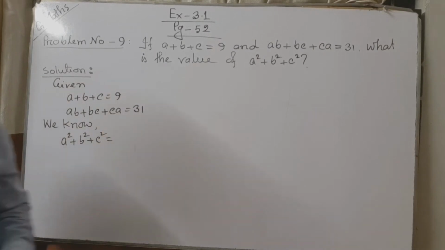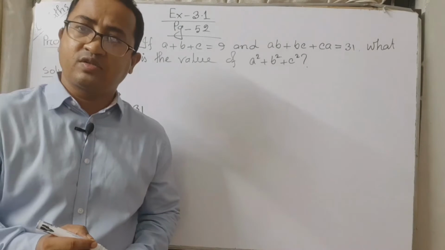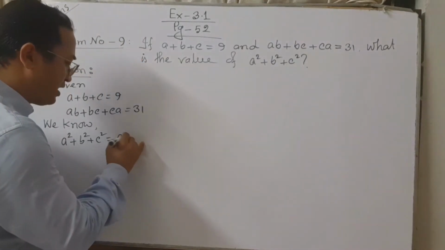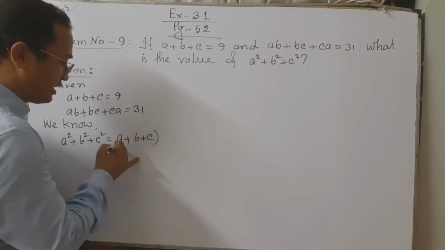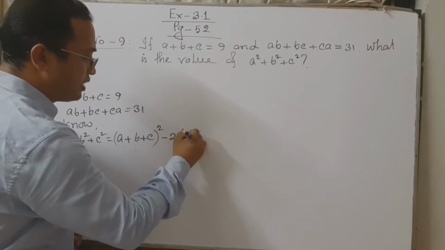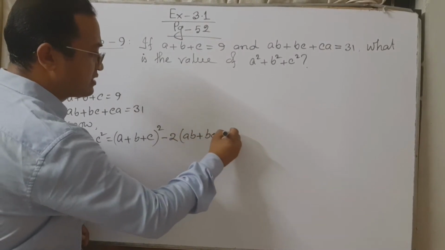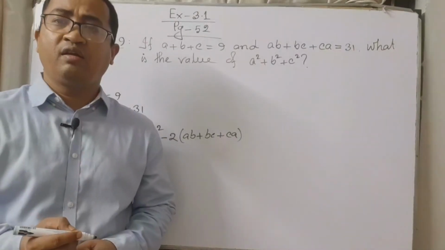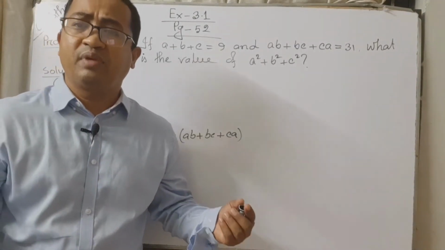Do you know the corollary of a square plus b square plus c square? I think you know this: it is a plus b plus c whole square minus 2 times ab plus bc plus ca. If you apply this corollary, you can do the math very easily.